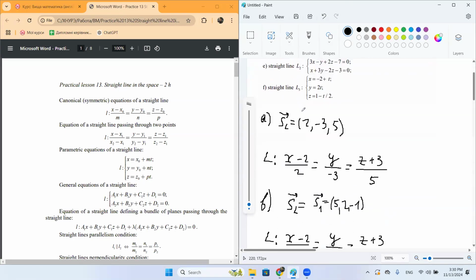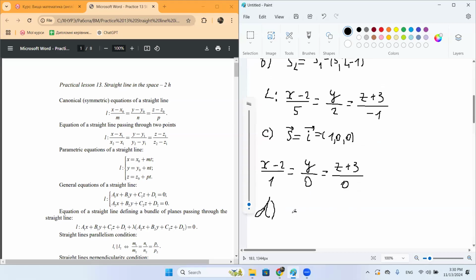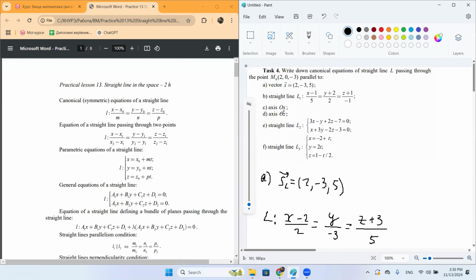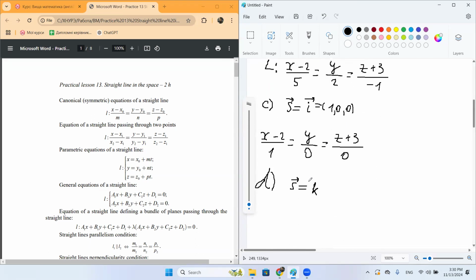So analogically to OZ, what will be direction vector of the straight line? Daniel? Unit vector of OY. No, OZ. Or unit vector of OZ. So K. Yes. 0, 0, 1. Yeah, 0, 0, 1.